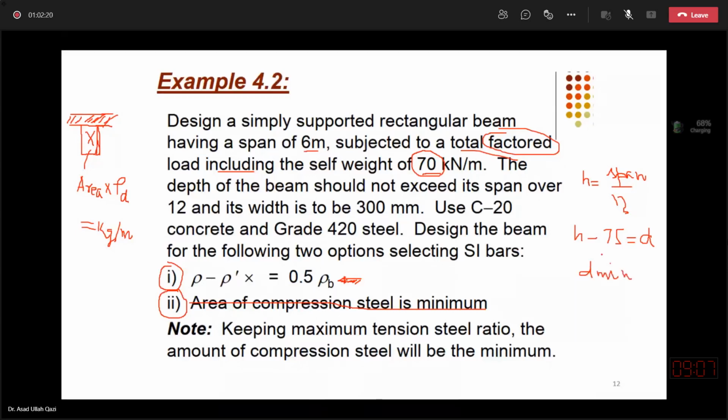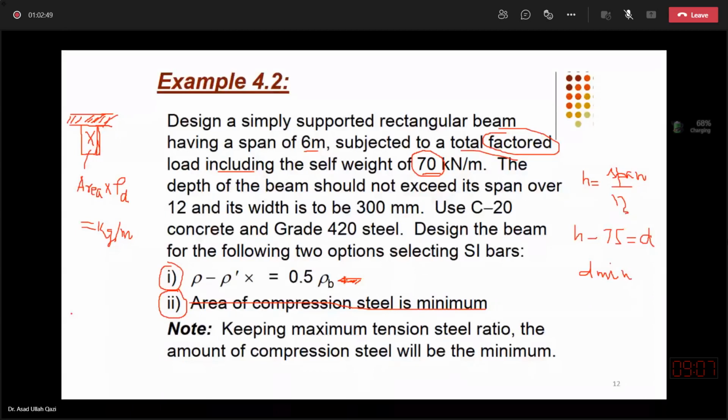Now, if my D minimum is less than this allowed D, I will be happy. I am having a singly beam. Sorry, if my allowed D comes out to be greater than D minimum, I must be happy because my allowed effective depth is more than the minimum required to get the singly beam.